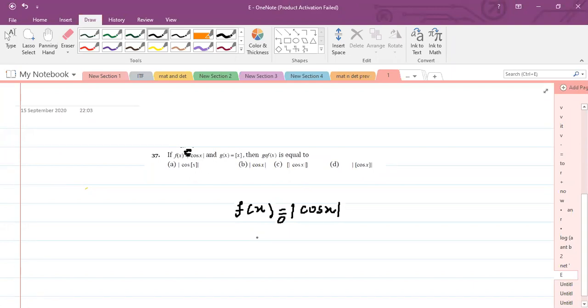G of x equals greatest integer x. Then find g o f of x. It's a very easy problem. g o f of x equals g of f of x.